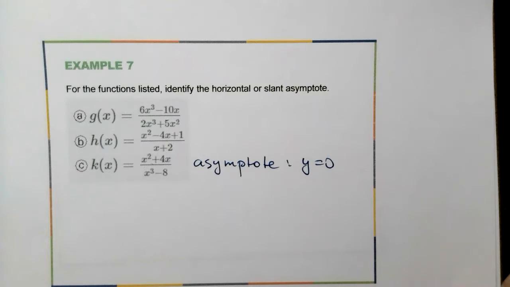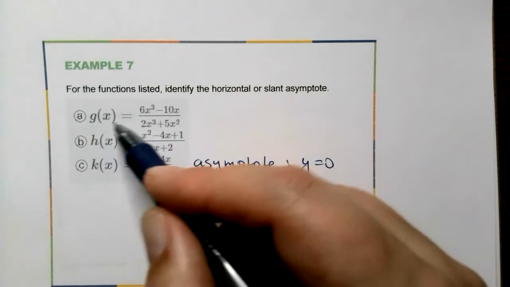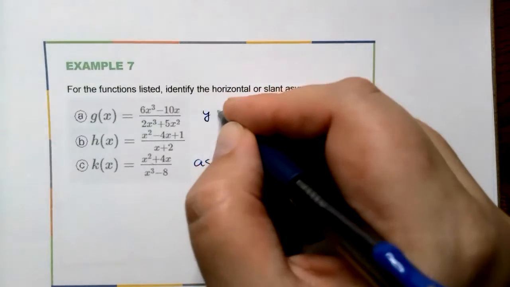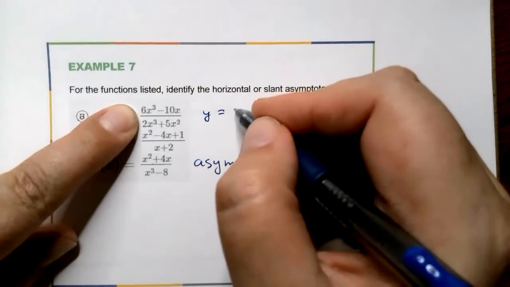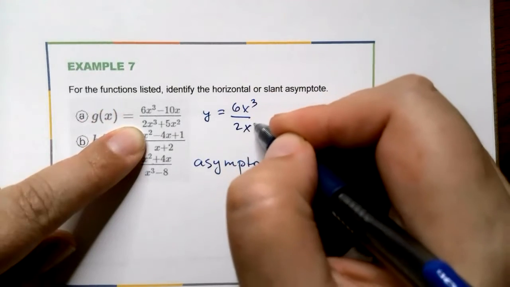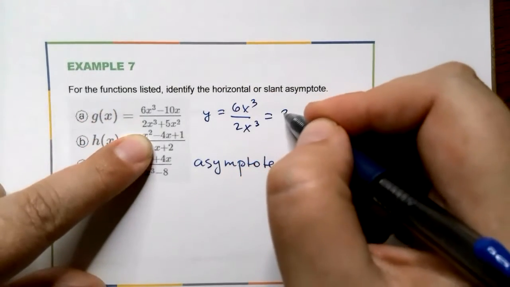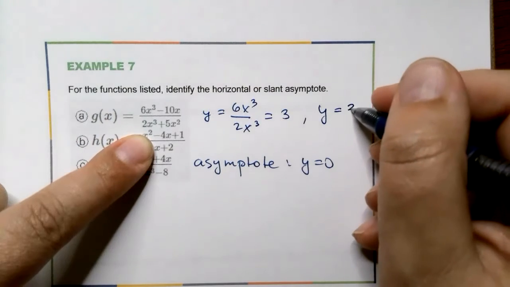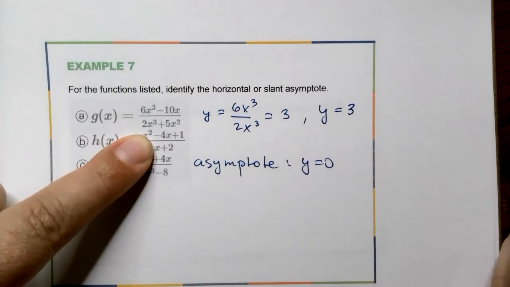Okay. Again, for function g, there is a battle of the leading terms, and we're going to have 3. So the asymptote is y equals 3, a horizontal asymptote.